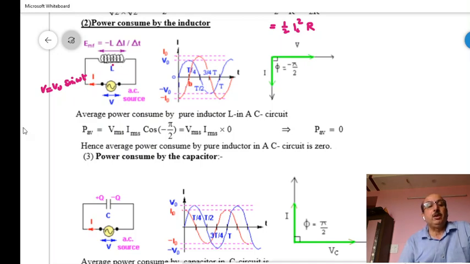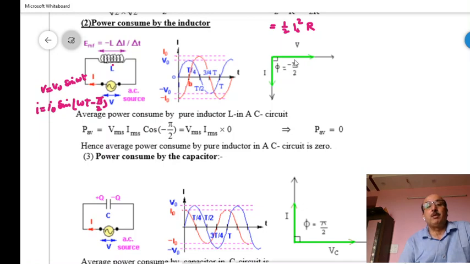By this equation, we already find out the I is equal to I naught sine omega t minus pi by 2. So in case of pure inductor, the current is lagged behind by pi by 2.